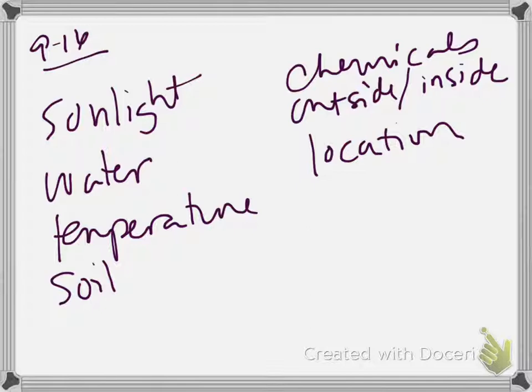So here's what we have, because you can't see this on the board. We have sunlight, water, temperature, soil, chemicals, whether it's outside or inside, location on the planet. What else? Anything that we are not covering here? I might say size of the pot, size of the container it's in.